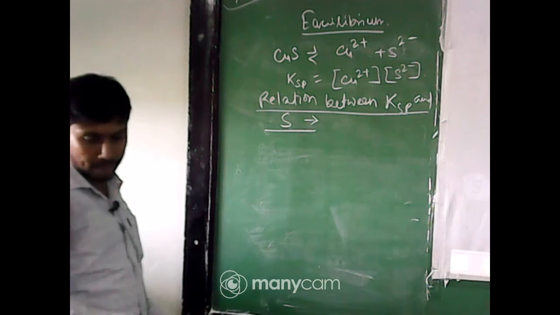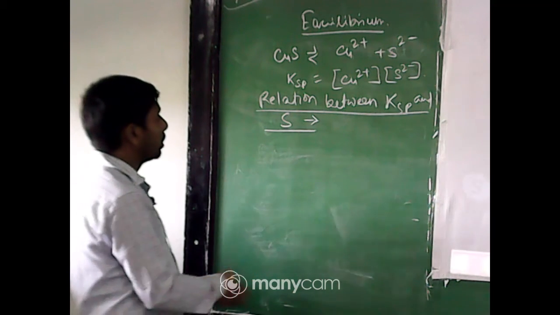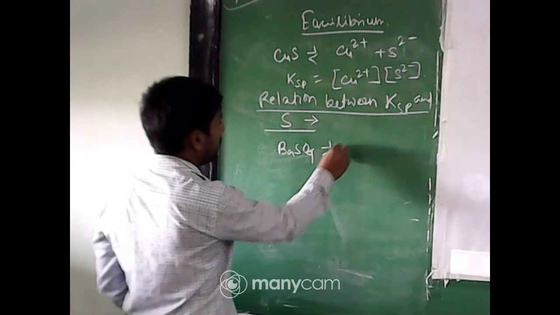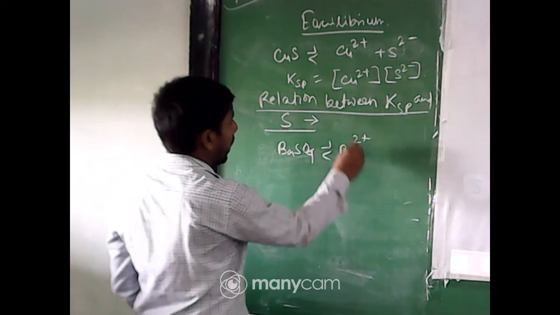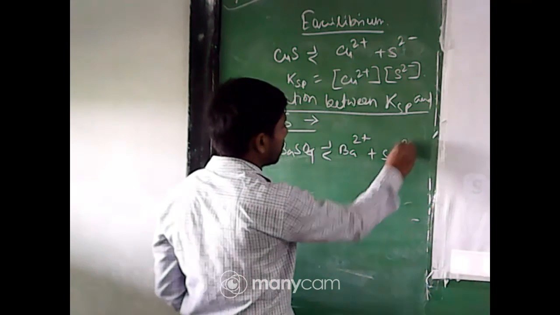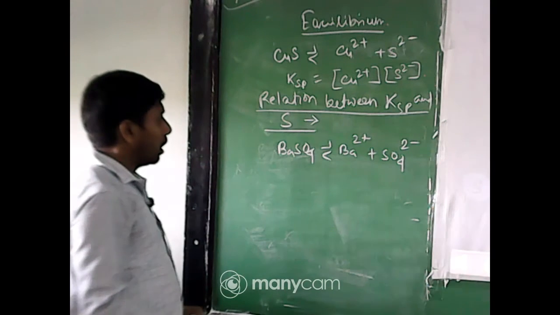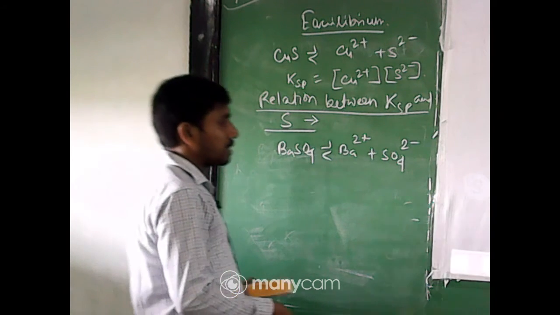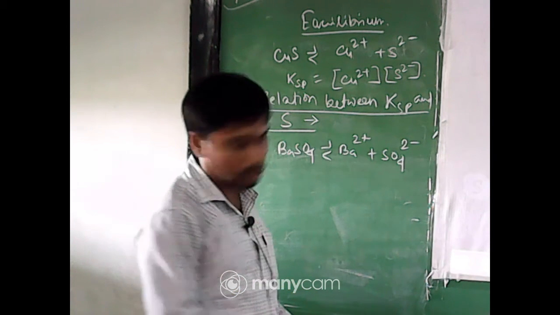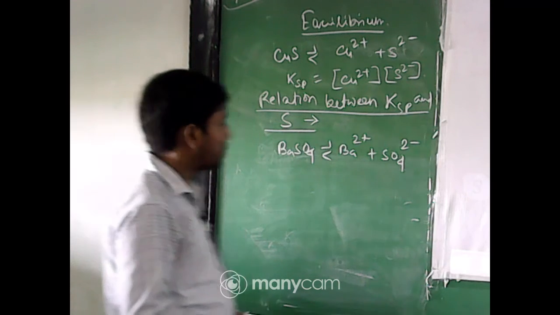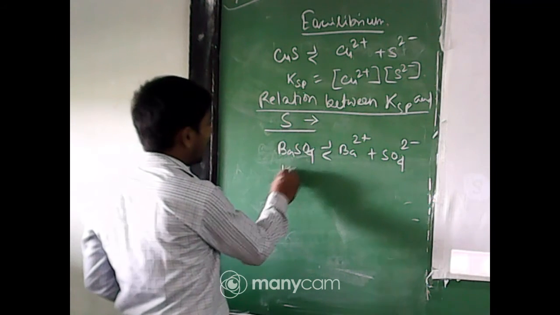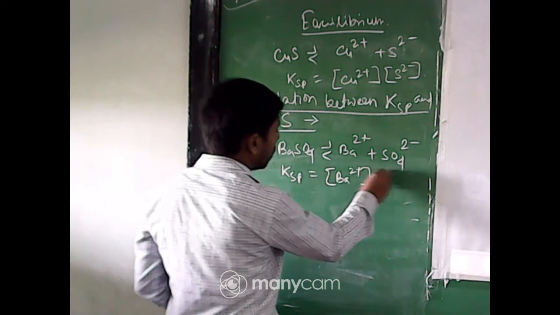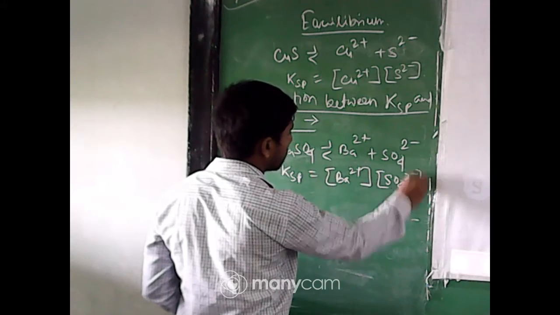It is for a sparingly soluble salt; suppose barium sulphate, Ba2 plus and SO4 2 minus. Now, solubility is the maximum amount of solute that can be dissolved in the solution. So, Ksp equals the concentration of Ba2 plus times the concentration of SO4 2 minus.